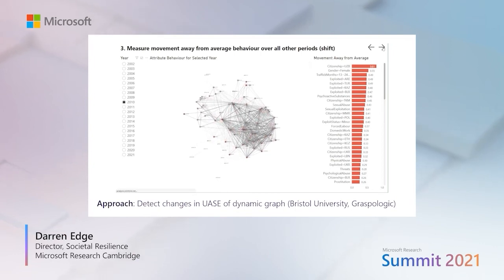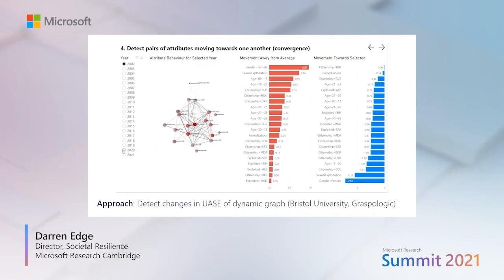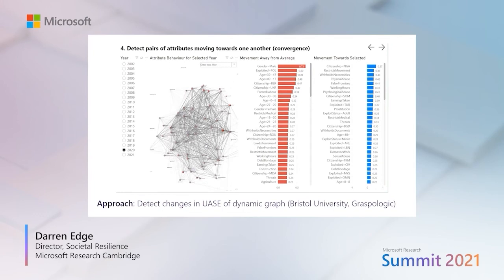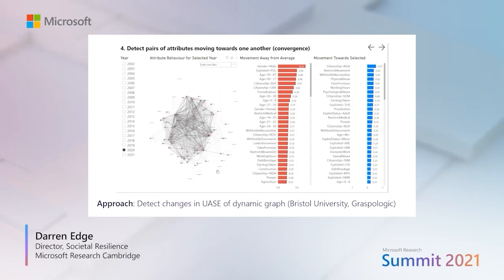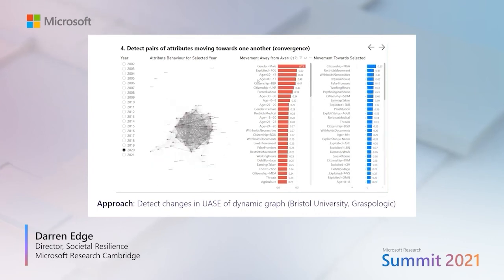We can also use the embedded space to say, okay, so a node is moving. What is moving towards it? For any selection that we can make in terms of the nodes, we can see that some other nodes in the embedded space are moving towards it. They're becoming more related. Their behavior is becoming more similar in this time period, and others are moving away.